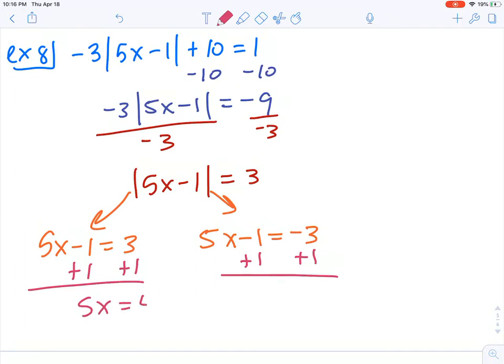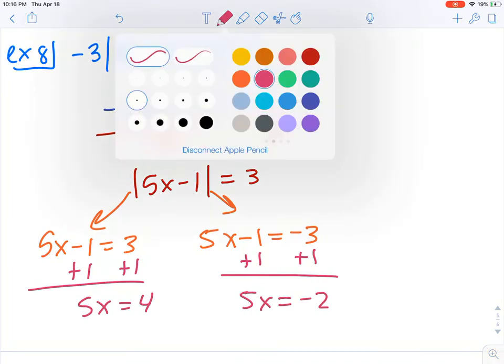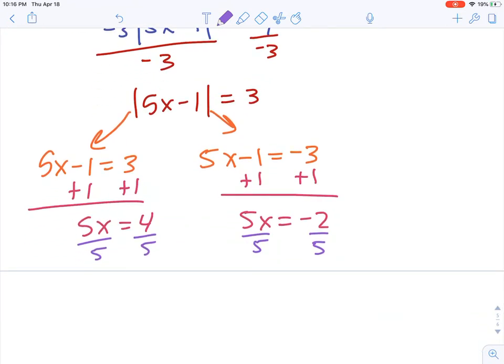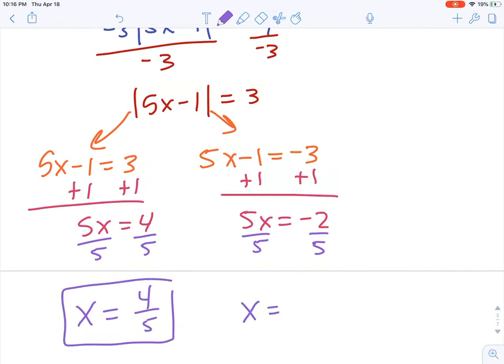When we add 1 to 3, we get 4. And when we add 1 to negative 3, we get negative 2. Our last step in solving, we need to divide both sides by 5 on both equations. So our two solutions: x equals 4/5 and x equals negative 2/5.